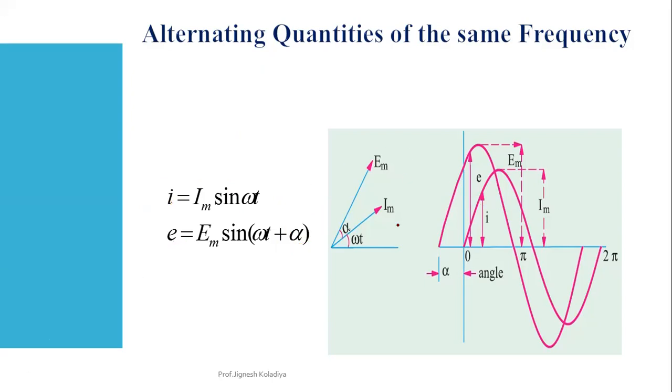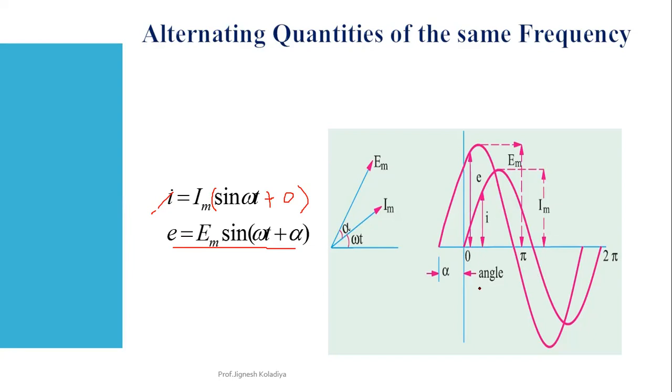So if you draw the waveform, then first of all, as here the angle is nothing, that means it is 0. So we can consider this I as a reference. So it is drawn like this. And E leads the current by angle alpha.